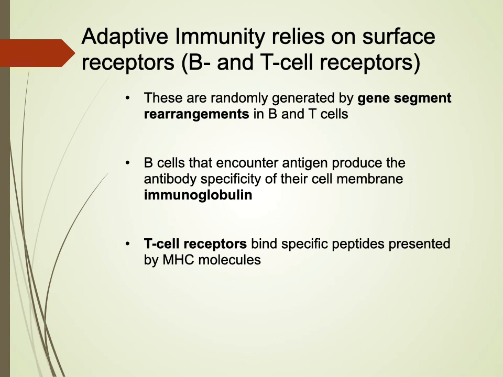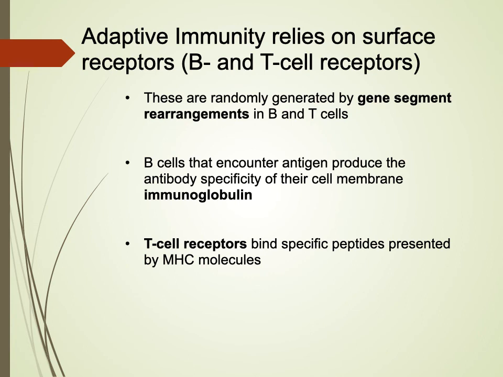Adaptive immunity relies upon surface receptors, being the B and T cell receptors, and these get generated by gene segments that get rearranged. In the B cell and the T cell, there are these gene segments, and depending upon what segments are utilized, that would give you your different receptors.